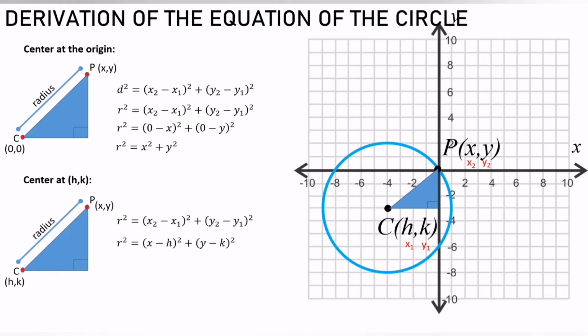So r squared becomes (x minus h) quantity squared plus (y minus k) quantity squared. So this is now the equation of the circle whose center does not lie along the origin.